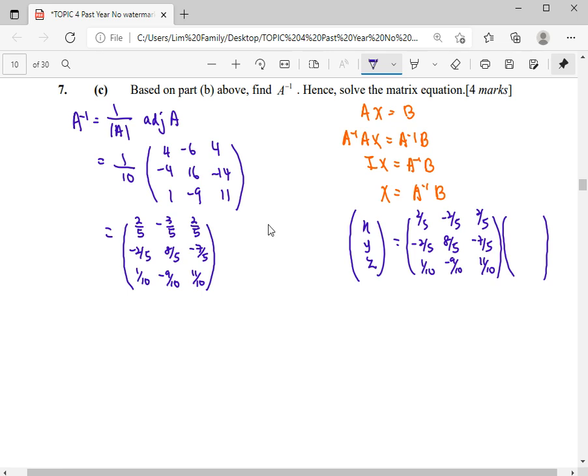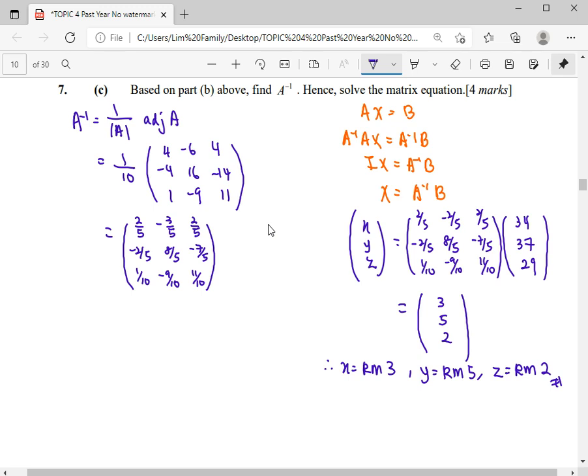The B matrix is 34 ringgit, 37 ringgit, and 29 ringgit. So X is the price per kilo for mango, 3 ringgit per kilo. Y is for durian, 5 ringgit per kilo. And then Z is for rambutan, 2 ringgit per kilo.